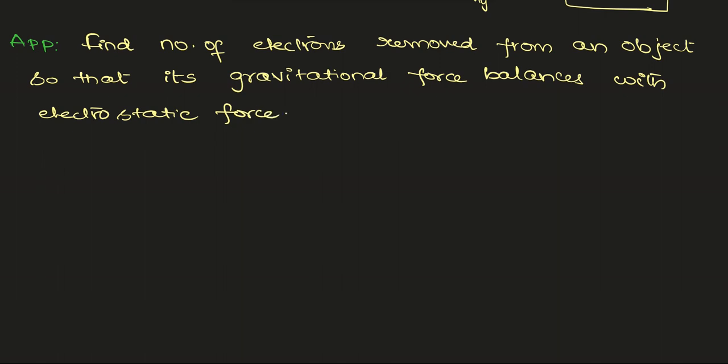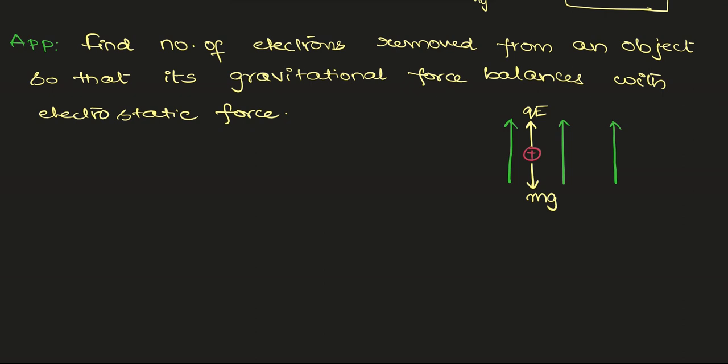If the number of electrons is removed, definitely it must be a positively charged particle, and there is a region where the electric field is vertically upwards. This positively charged particle will experience electrostatic force in the upward direction, that will be QE, and the gravitational force will act in the downward direction.